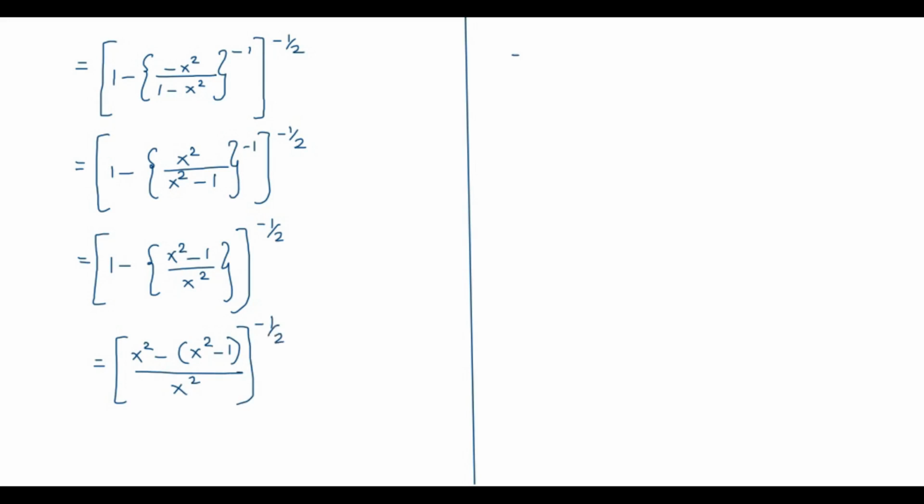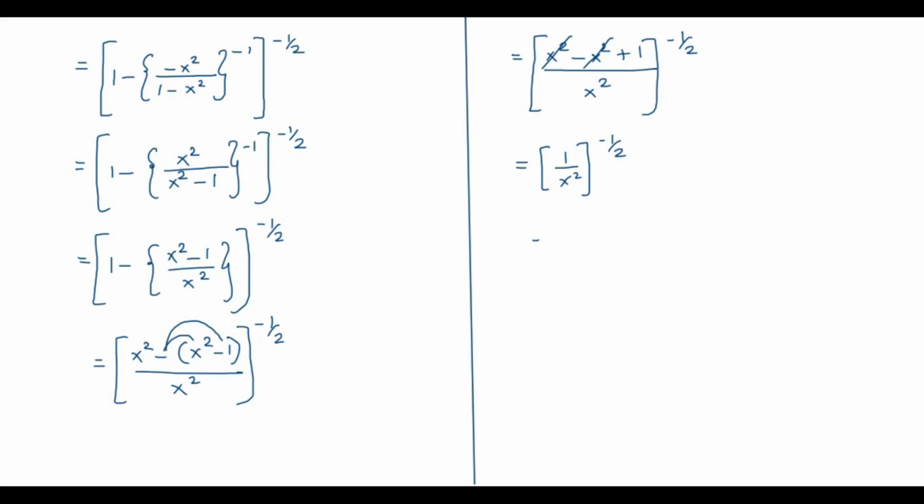Okay, now let's simplify. Now we can distribute the negative sign to x square and to -1. Then we'll have negative x square positive 1 divided by x square whole to the power of -1 divided by 2. Okay, in the next step, this positive x square and negative x square will get cancelled. We get 1 divided by x square whole to the power of -1 divided by 2.